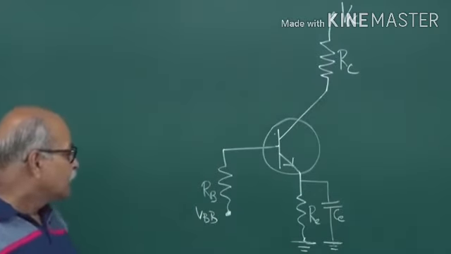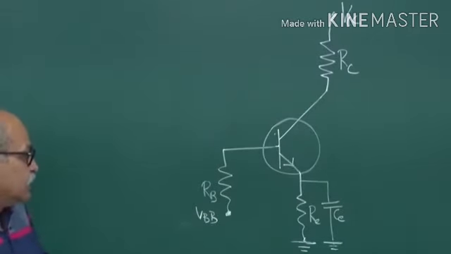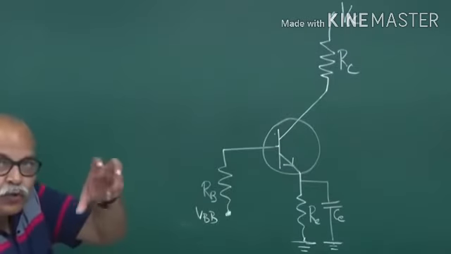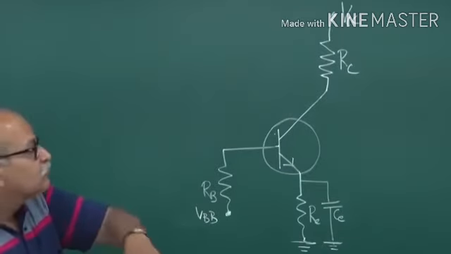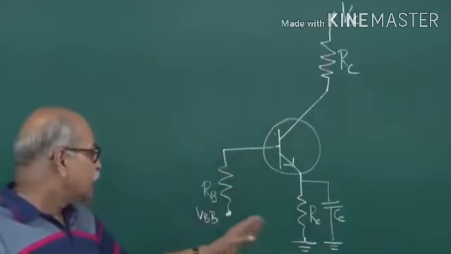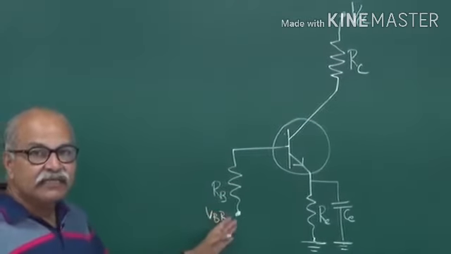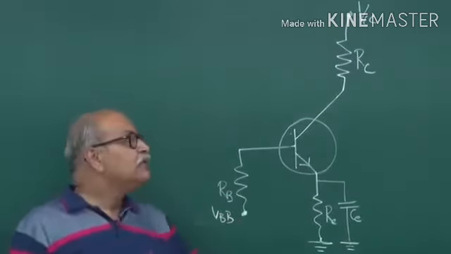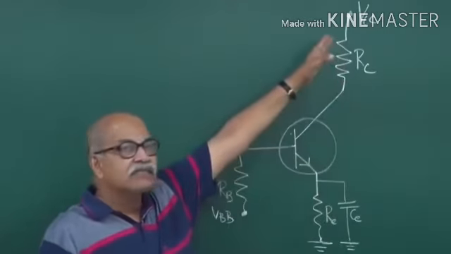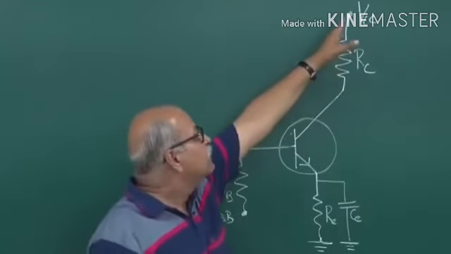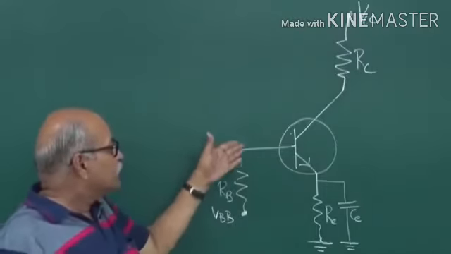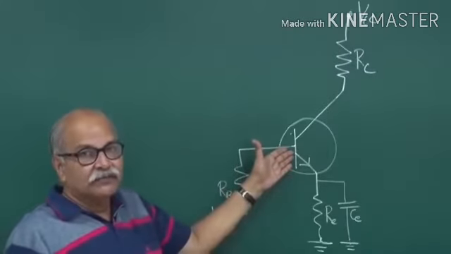That's one thing. Another thing is, instead of using two biasing batteries, one for this collector side and one for this base side, generally only one battery is used, that is this VCC, and from here only a part of it is taken to the base.